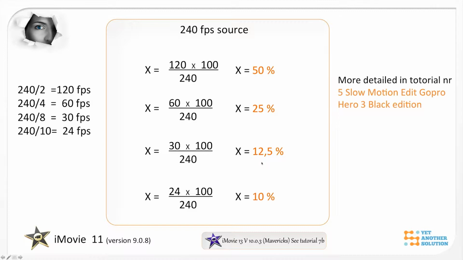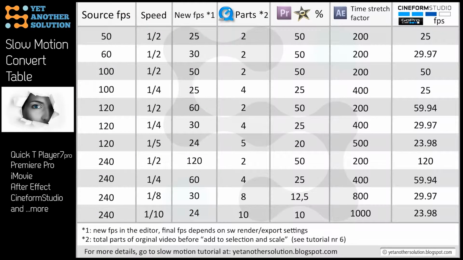This calculation is done in more detail in tutorial number 5, but it is also put into this slow motion convert table. As you can see here, if you have 240 frames per second and you want 30 frames per second, you take it 8 times slower, and then you have 12.5%.